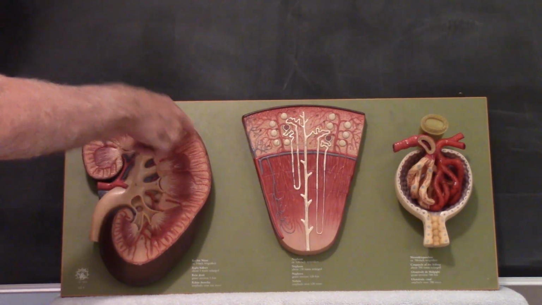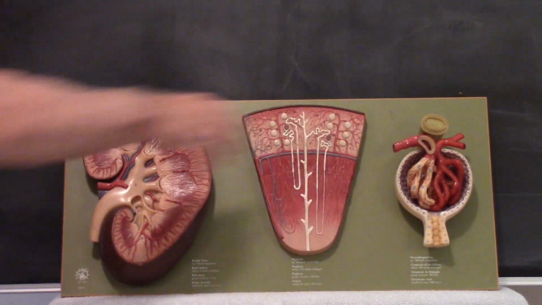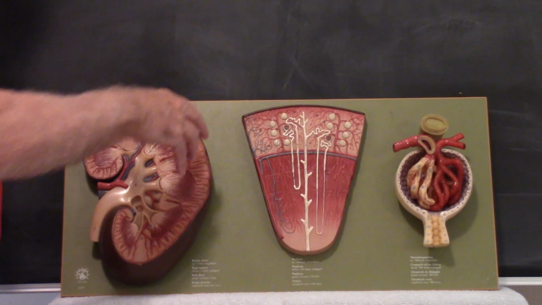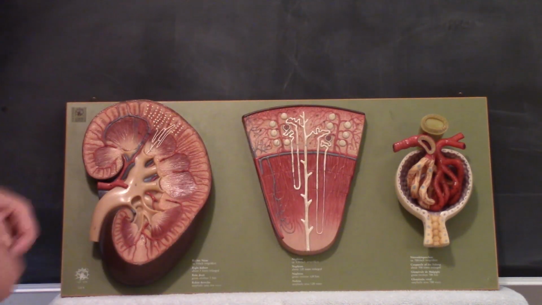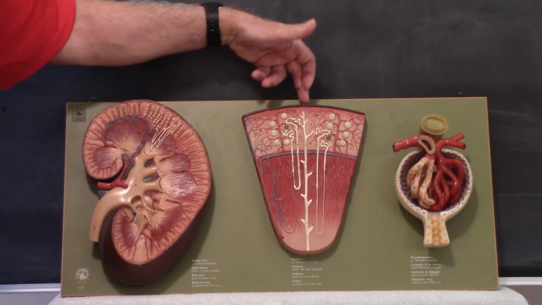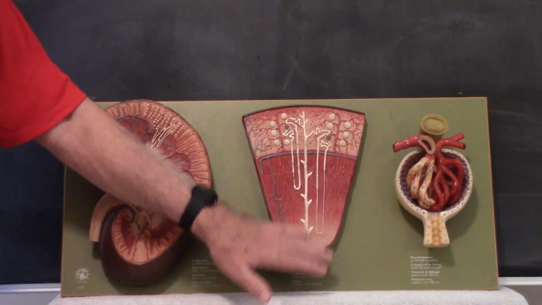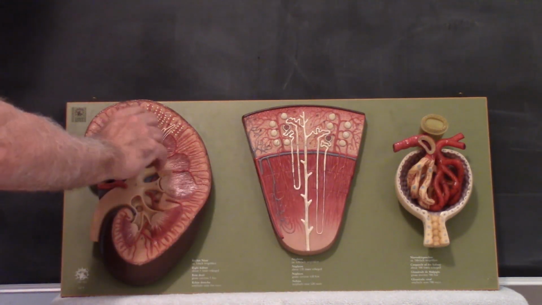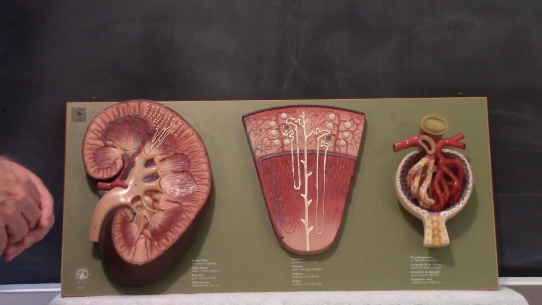And we're going to take this wedge out and then enlarge it right here next to the whole kidney. So this would be a wedge taken from the whole kidney, and this would be the renal capsule, renal cortex, and a renal pyramid, one of many in the renal medulla region of the kidney.